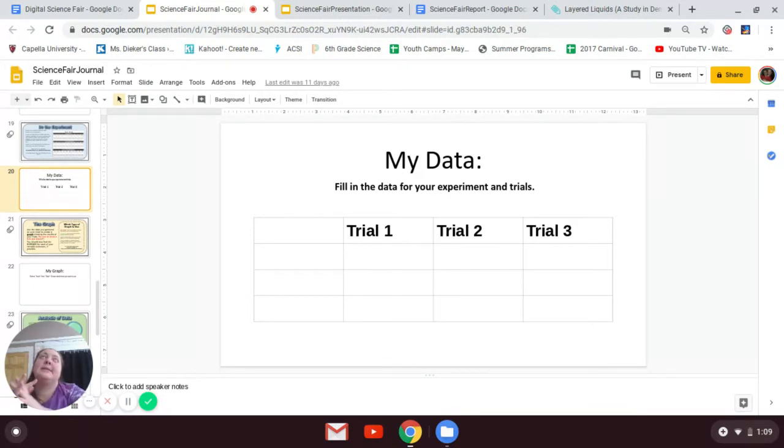Now, let's say I'm doing an experiment about shooting a basketball blindfolded or something like that. Okay, so I would want to do 3 different trials of that. Let's say I'll do how many shots can you make blindfolded from 10 feet in a minute.